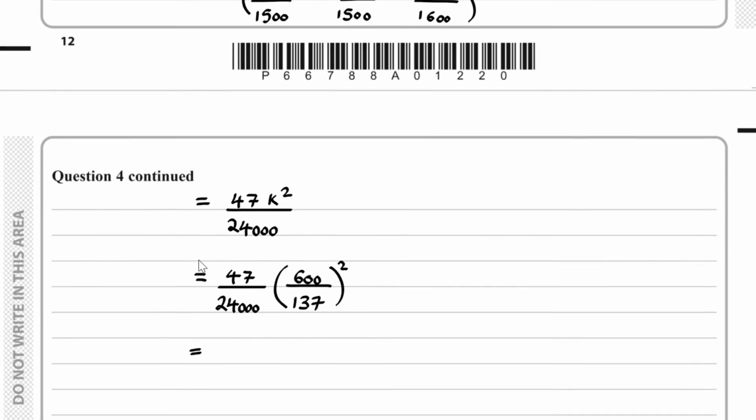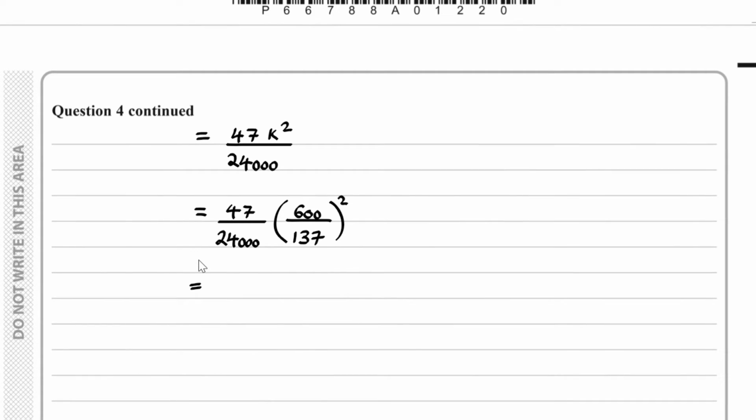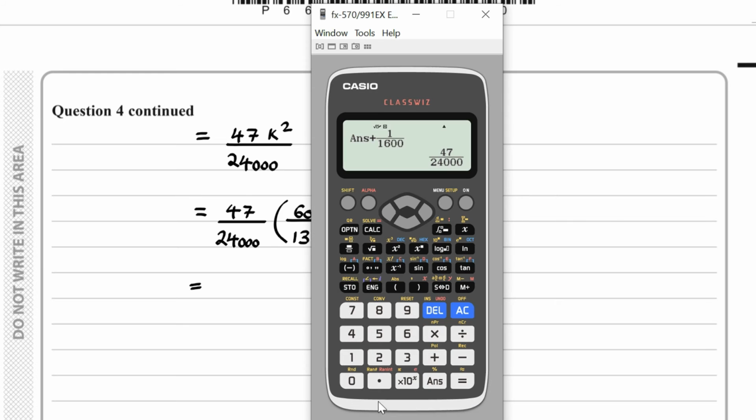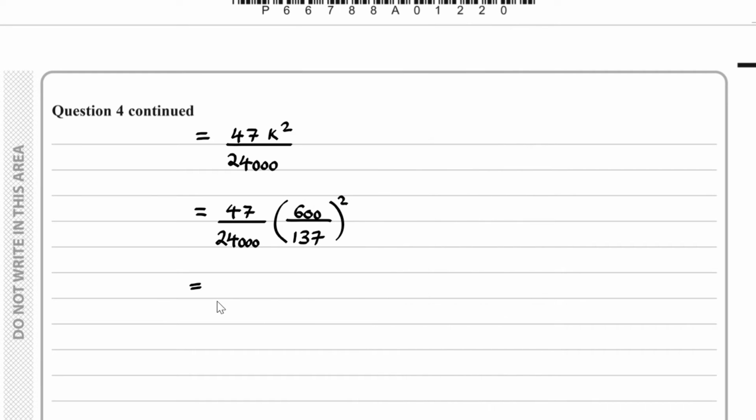So if we work this probability out, we have over here this value times by 600 over 137 squared, we get 0.0376. So we get 0.0376 to 3 significant figures.